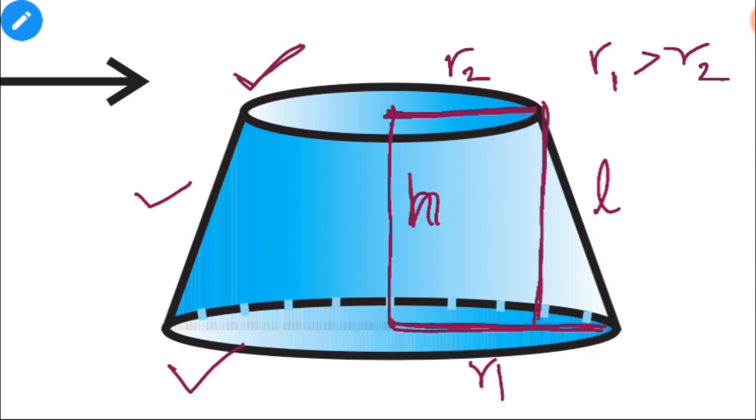Here we got a rectangle. This is H, so this is also H. Then what will be this small length? If the center is O and this is A and this is B, can you find the length of BA from this figure?